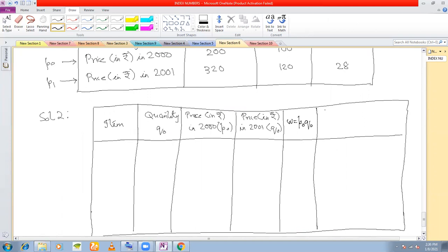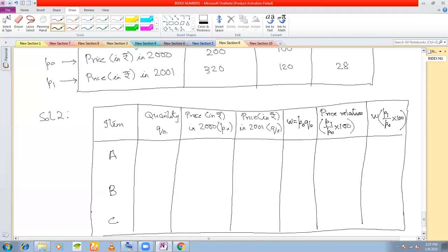Next, we calculate as usual the price relatives. What is the price relative? P1 by P0 into 100. This is the formula for price relative. And finally, you have W into P1 by P0 into 100. So you have three commodities, A, B, and C. You copy it from the question.